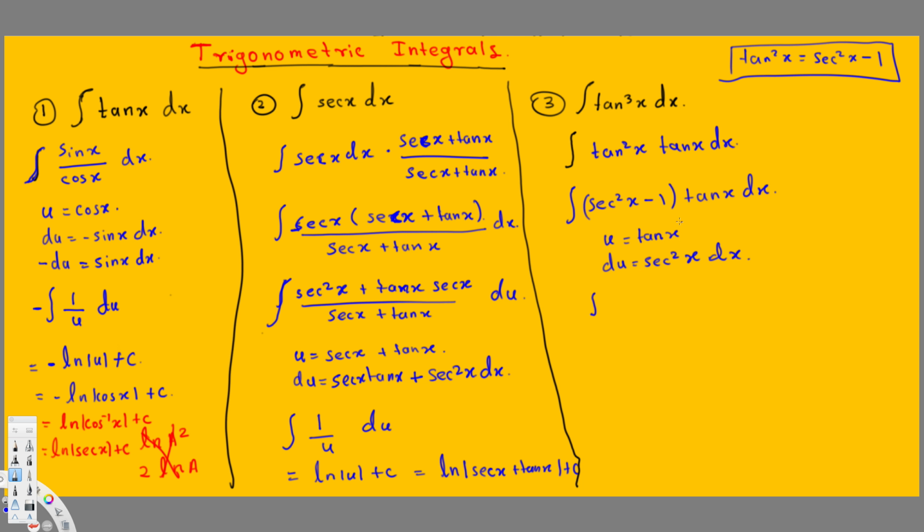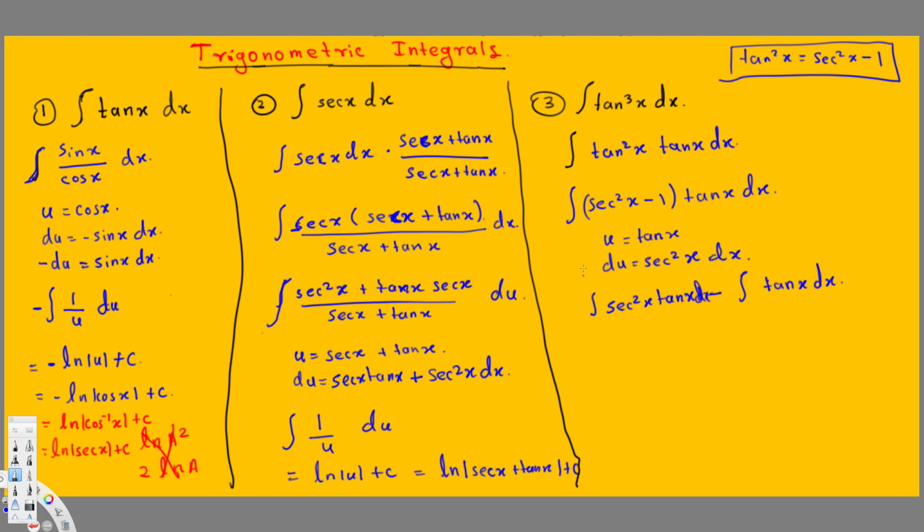So let's separate this into two parts: the integral of sec square x tan x dx minus the integral of tan x dx. I just multiply tan x with sec square x, that is one function, and multiply tan x with 1, that is another one. That's how I got this right here.